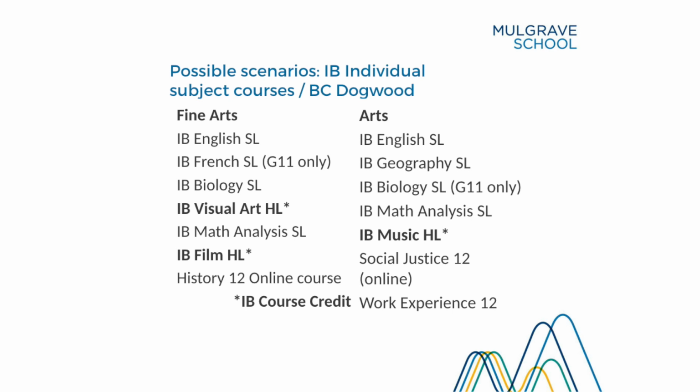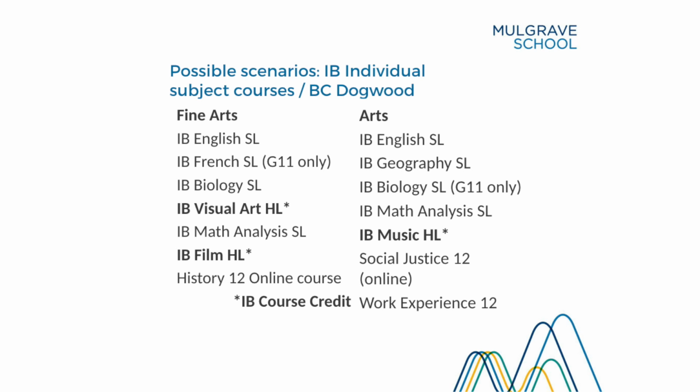So they did English, French, biology and math analysis. They only decided to do French in grade 11. And then in grade 12, they decided to take an online ministry course, History 12, which enabled them to meet the BC Ministry graduation requirements for socials 11 or 12.